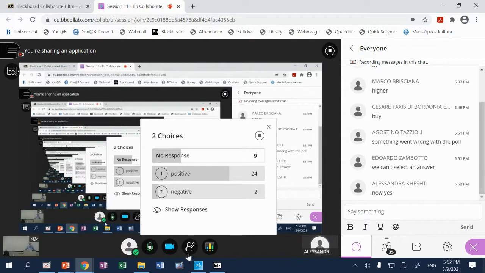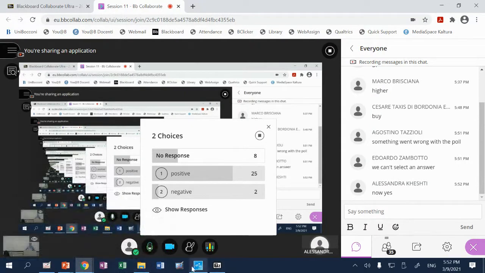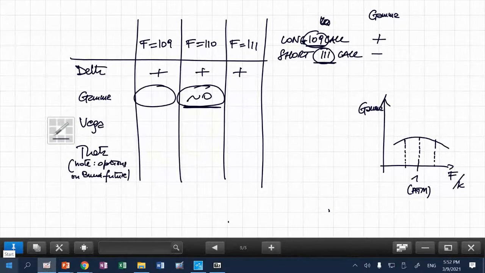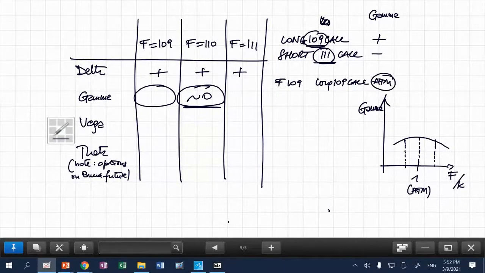Now, let us try to reason together. The idea here is the following. If the future trades at 109, how are the two options? If the future is at 109, the long 109 call is at the money. And being at the money, it has exactly the peak gamma. So the gamma of the at the money option wins.